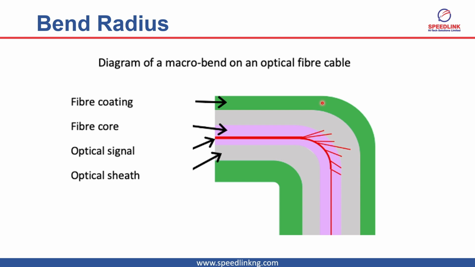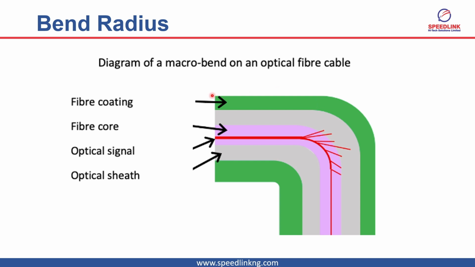Now, this is an example of what you can cause using this macro bend. See the way this cable was bent, almost 90 degrees. So that means this cable is not following the bend radius, right? Now, because of that, do you see what's happening to the light? This is the outer diameter.